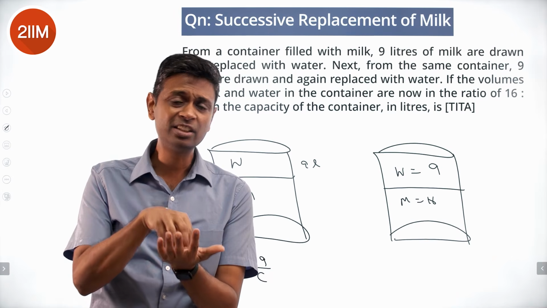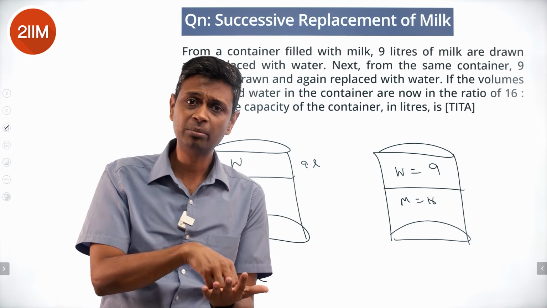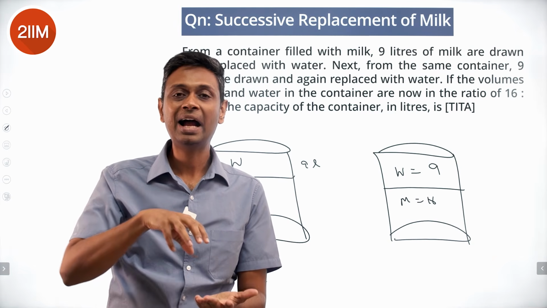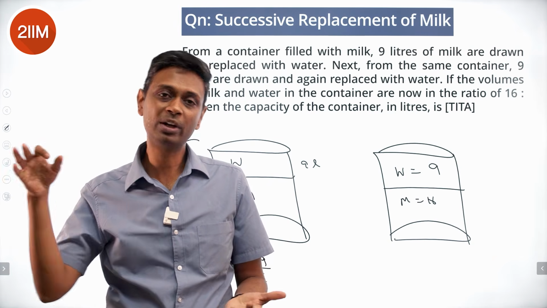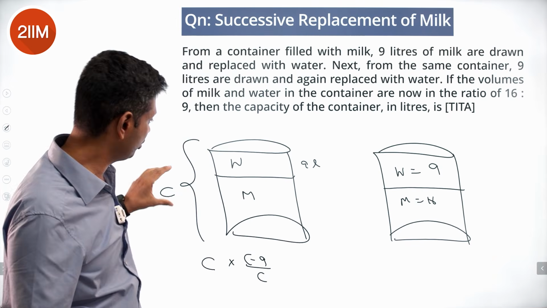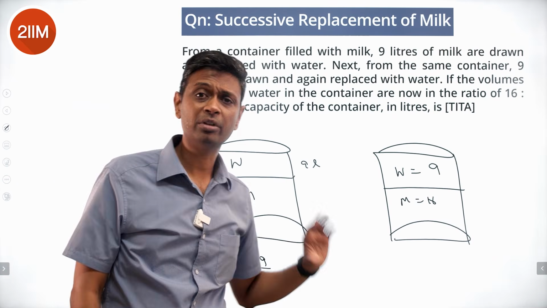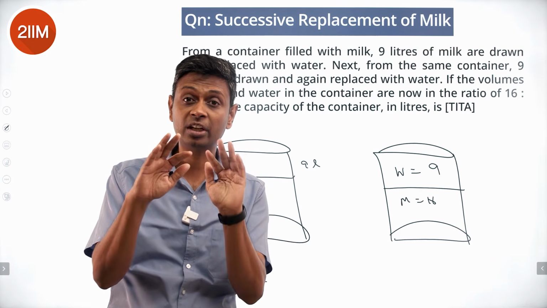So whatever milk was there originally, into C minus 9 by C will be retained. We don't care about water, we just care about milk. From C, C minus 9 is retained. That fraction, C minus 9 by C, is retained.